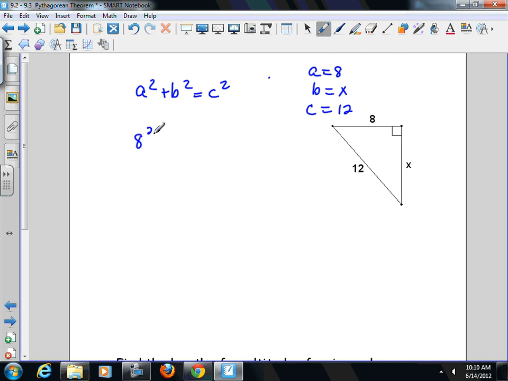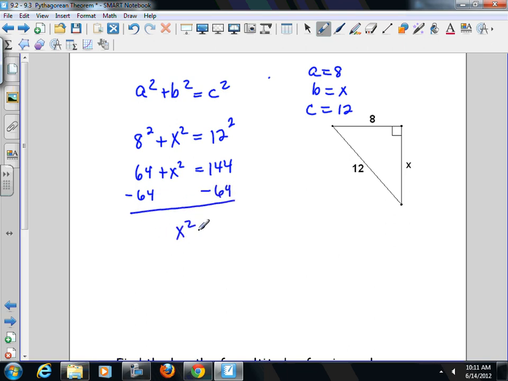We have 8 squared plus x squared equals 12 squared. So we have 64 plus x squared equals 144. Subtract 64 from each side to find x.